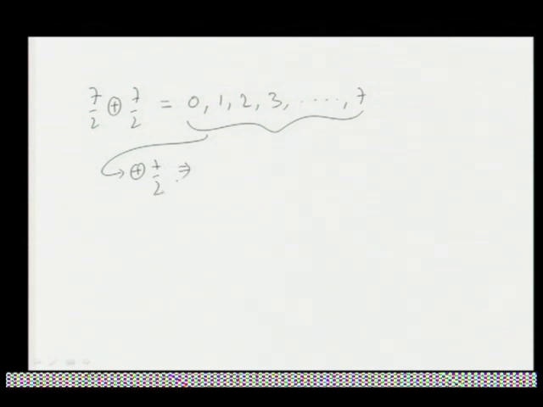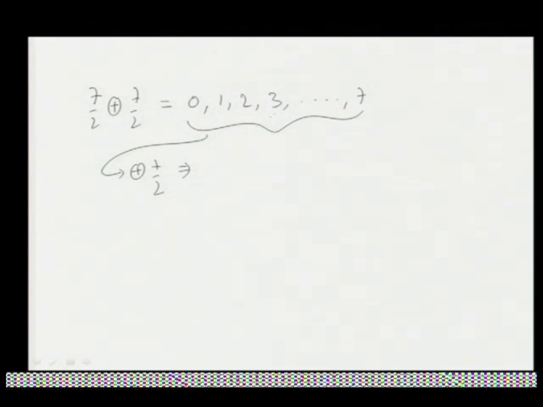Say for example, you take 0 and then consider this, that will give you 7 by 2; 1 and 7 by 2, that will give you, sorry, 5 by 2; and 7 by 2, 2, that will give you 2 minus, that is equal to 3 by 2, 5 by 2, 7 by 2 and like that.